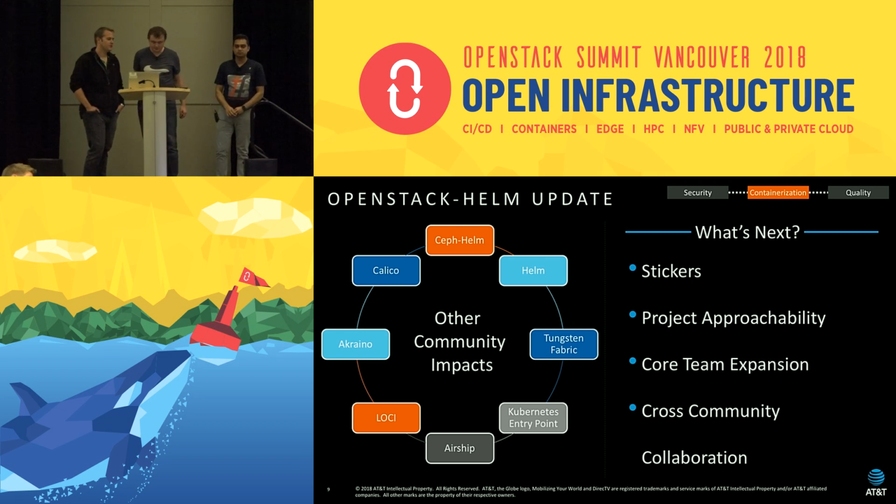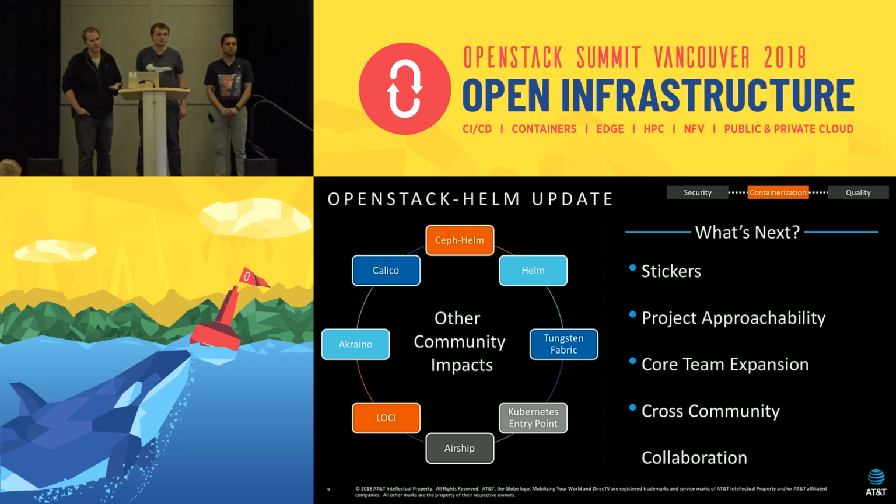So this picture is effectively there to represent the other communities that OpenStack-HELM itself is having an impact on at the end of the day. One of the things that Acrano is looking at is potentially leveraging Airship as the undercloud provisioning framework, and part of that is also leveraging OpenStack-HELM. So there's a relationship and an impact there in terms of what they're using at the end of the day.